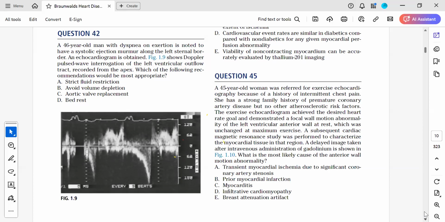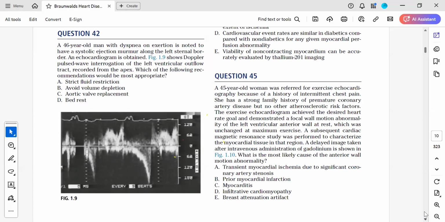A 45-year-old woman was referred for exercise echo because of a history of intermittent chest pain. She has a strong family history of premature coronary artery disease, but no other atherosclerosis risk factors. The exercise echo achieved the desired heart rate goal and demonstrated a focal wall motion abnormality of the left ventricular anterior wall at rest, which was unchanged at maximum exercise.